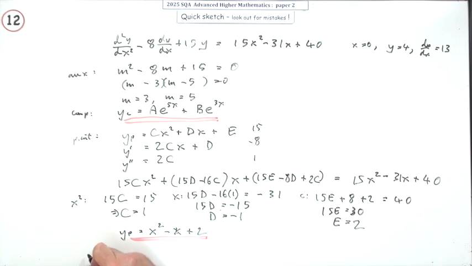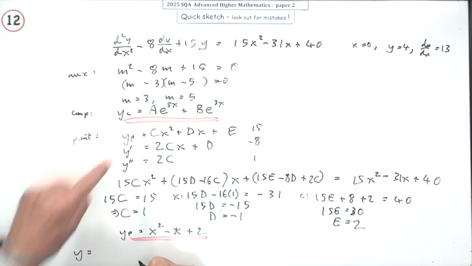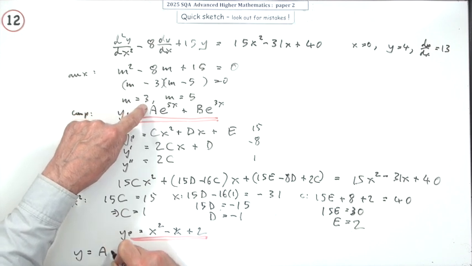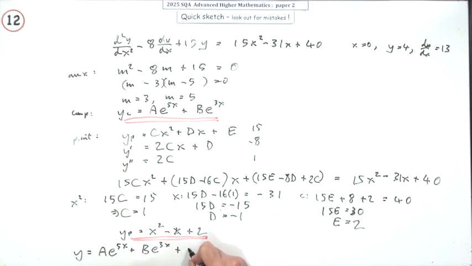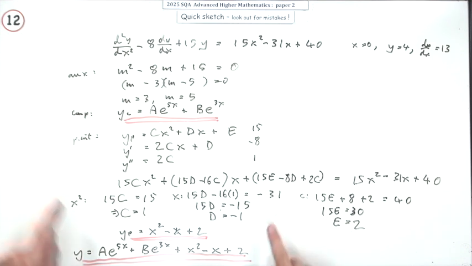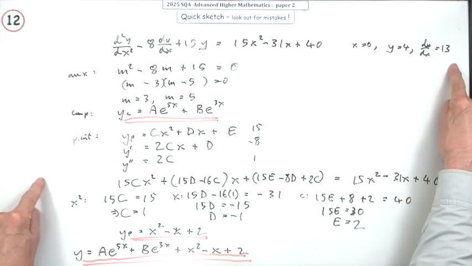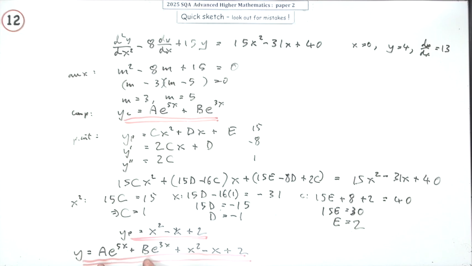Meaning the general solution is going to be made up of this part, the freebie, a e to the 5x plus b e to the 3x, plus this particular integral for the general solution. But that's not the end of it, because now I have to employ these initial conditions to find what a and b are to get the particular solution.